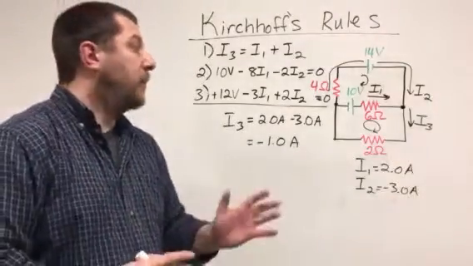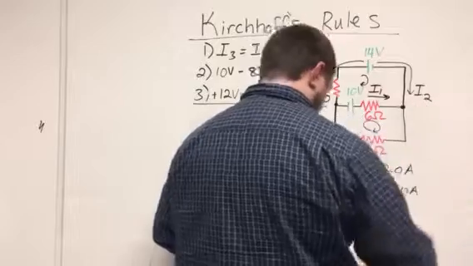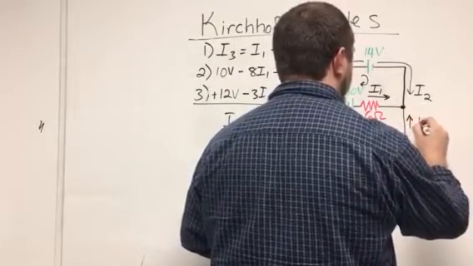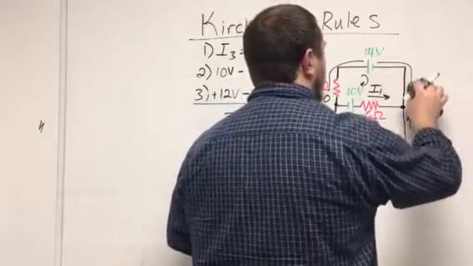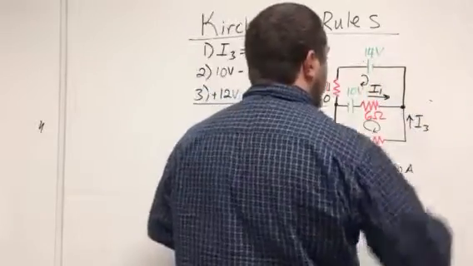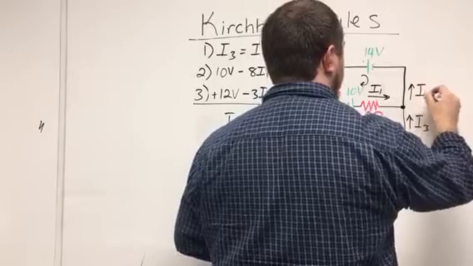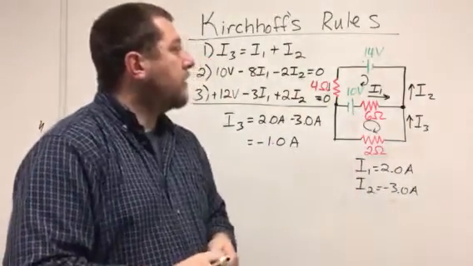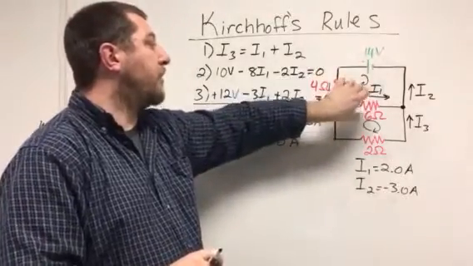So physically, what's happening is that I3 has actually switched direction this way, and I2 has switched direction to be this way. And that's not terribly surprising given where the batteries are and their orientation.